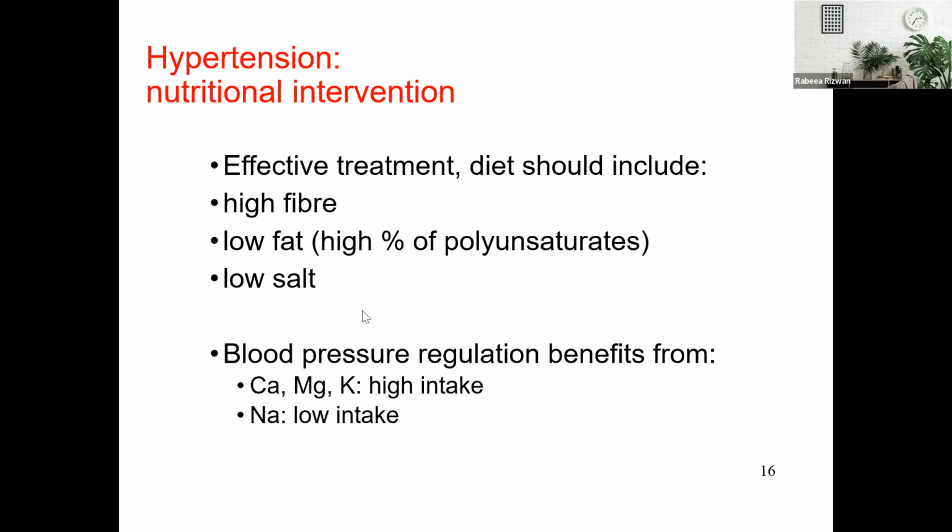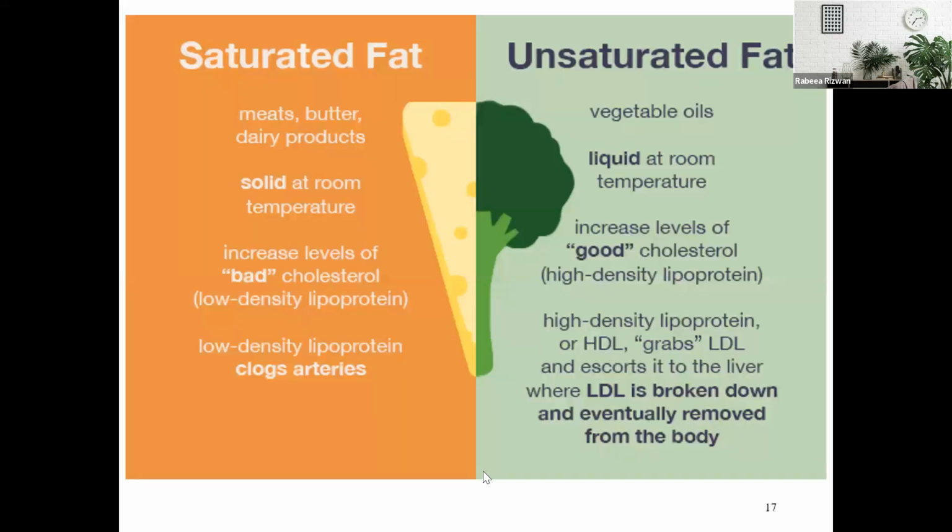They result in preventing and controlling the hypertensive symptoms. While some other researchers also noticed that high intake of calcium, magnesium, and potassium and low intake of sodium have also beneficial effects to control the hypertension among the hypertensive patients.